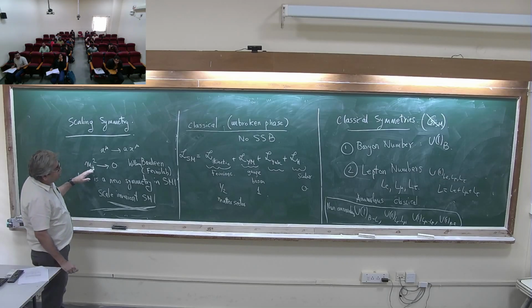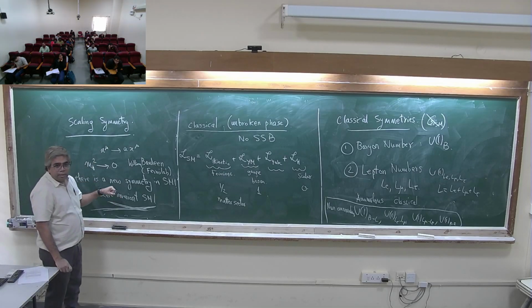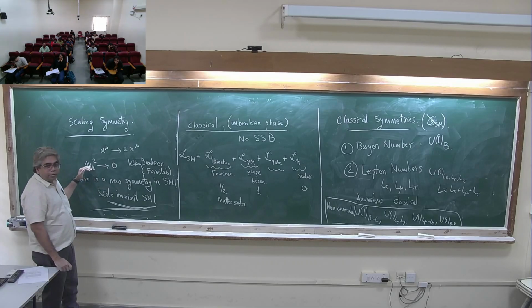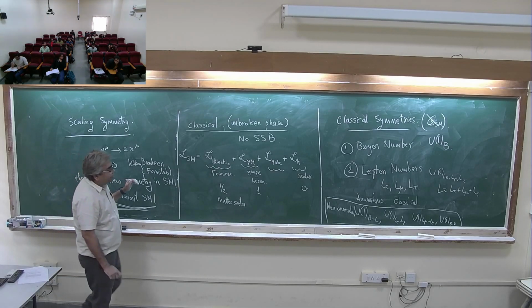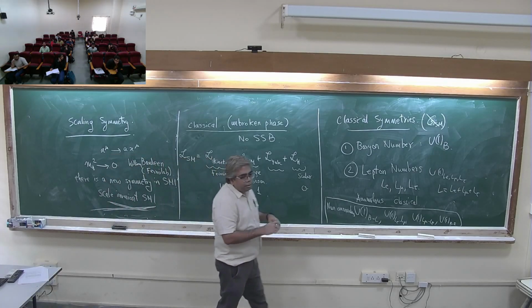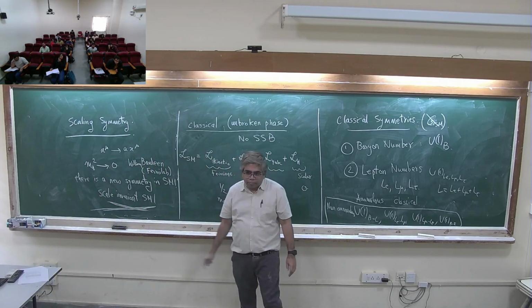In this limit, there are two things. One is scaling invariance, but Coleman also used it for something else. He wanted to dynamically generate the Higgs mass, because the Higgs couplings are what? Mu squared and lambda phi to the fourth.